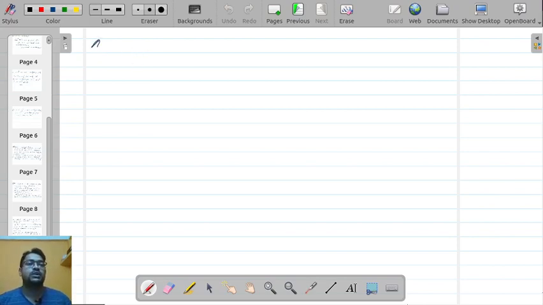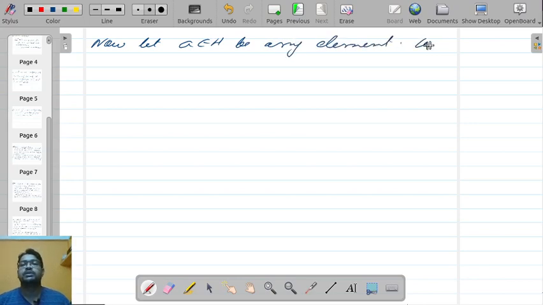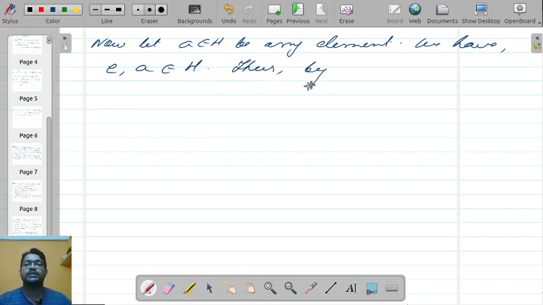So now let A belong to H, be any element. Just now we have shown E comma A are elements in H. Thus by the hypothesis, what can we say?